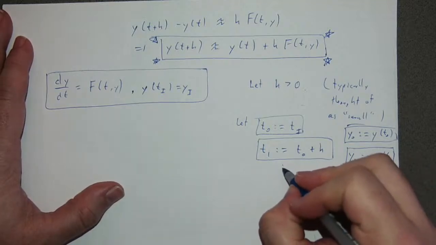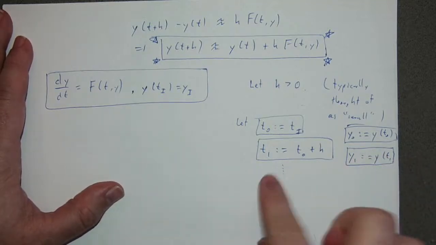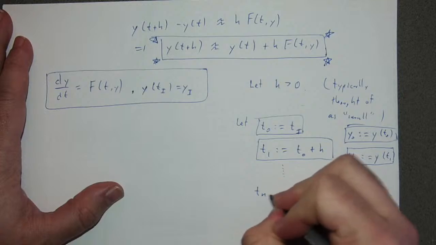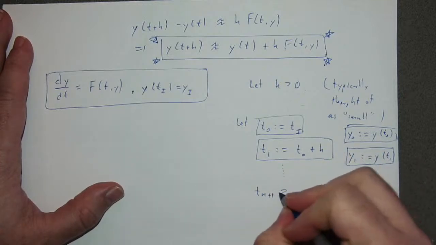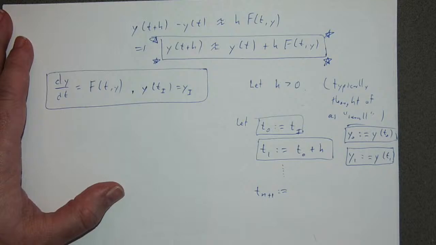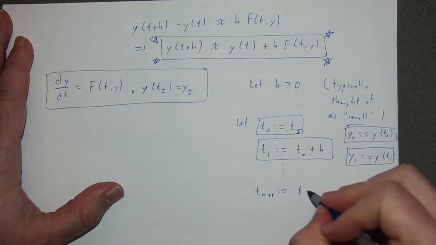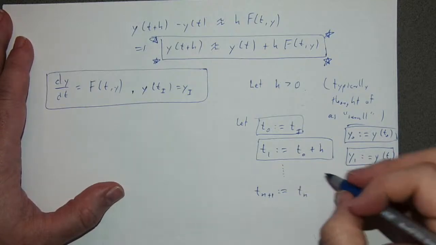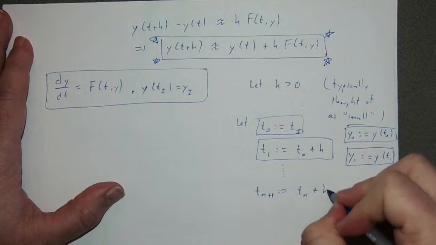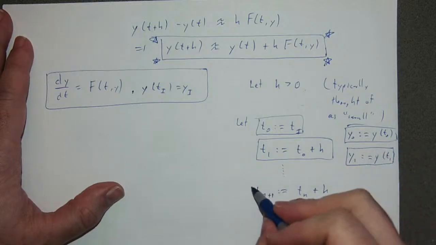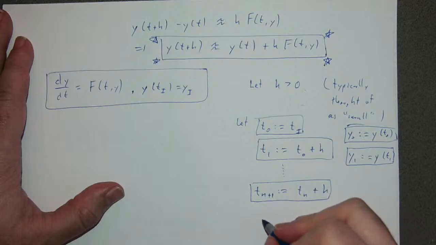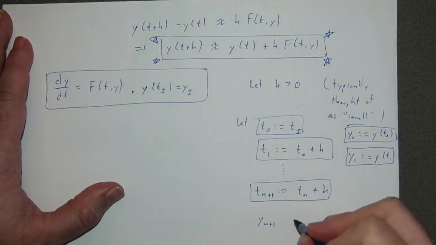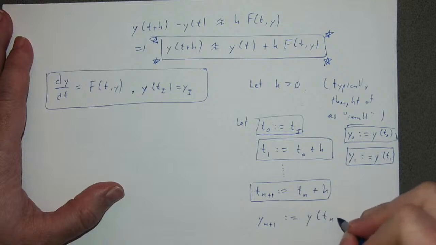Continuing on, if I go up to the (n+1)st time step, how did I obtain it? I obtained that from the nth time step by incrementing it by h. So similarly, y_{n+1} is defined to be y(t_{n+1}).